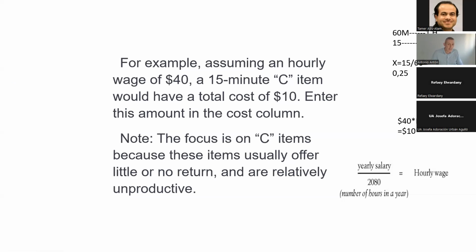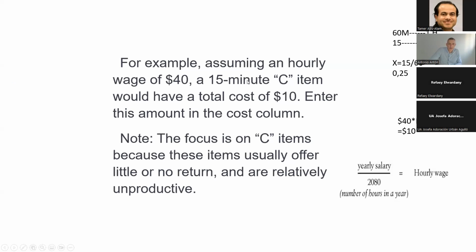Remember that here in Spain it is 40 hours per week, approximately. You multiply by 4, that is 160 hours, more or less, per month. So it depends on the year, on the time, but more or less you can calculate it.